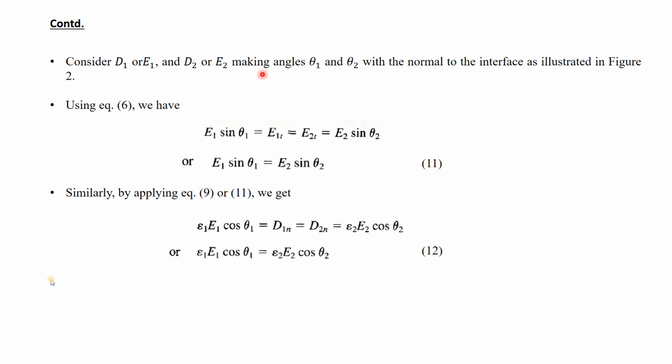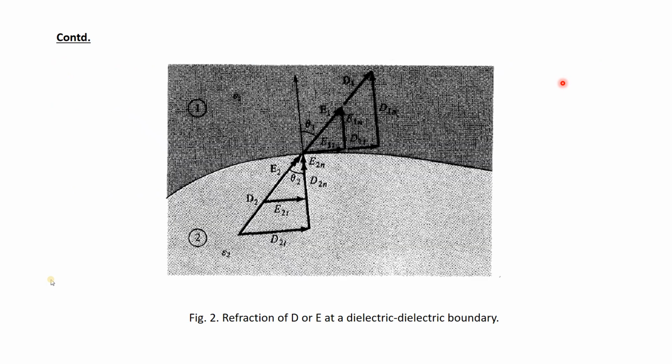Consider D1 or E1 and D2 or E2 making angles theta 1 and theta 2 with the normal to the interface, as illustrated in figure 2. This is once again a dark picture, so I will just highlight this part because the lower medium 2 is visible. See, this is E1.